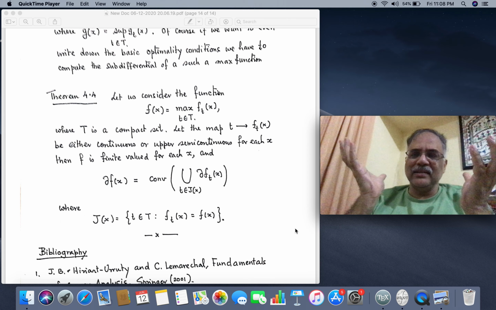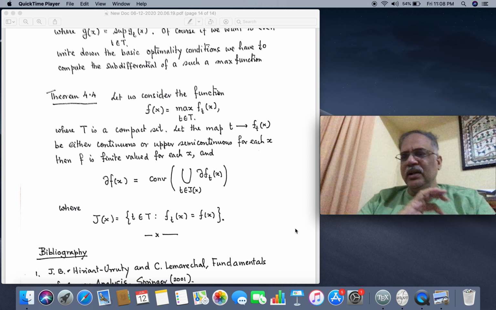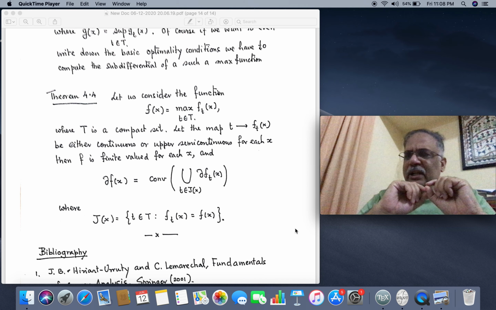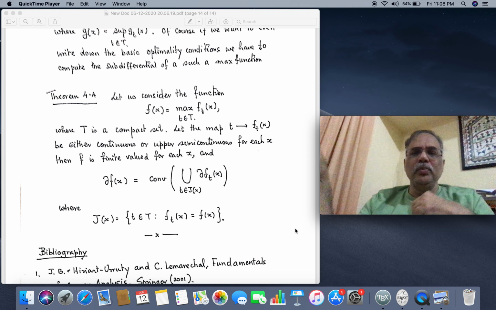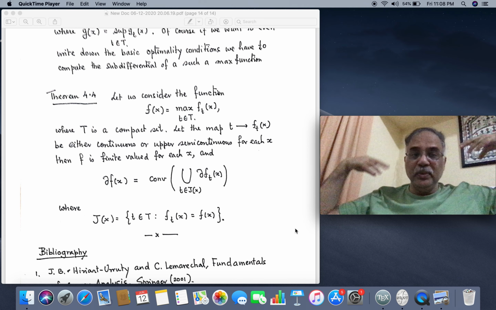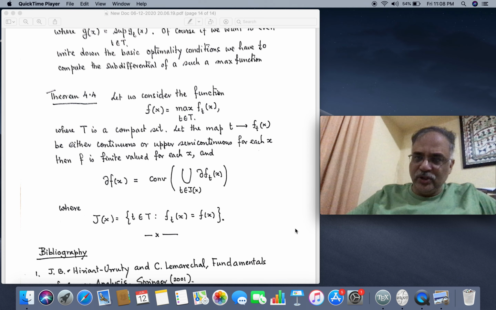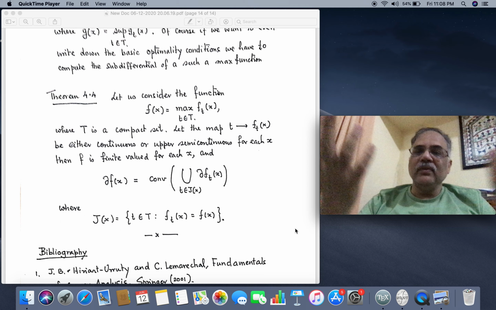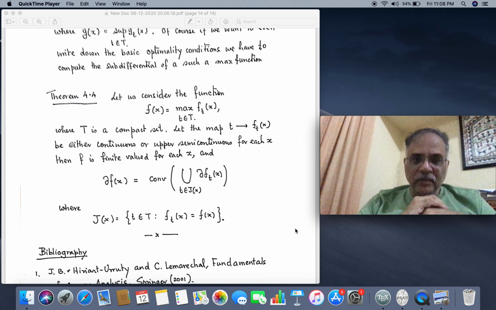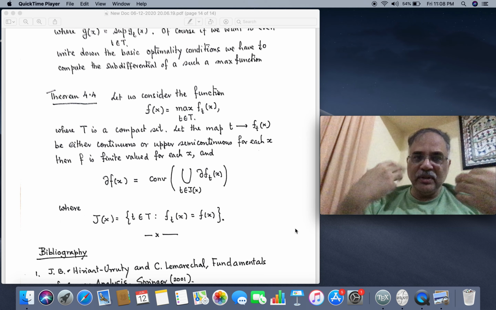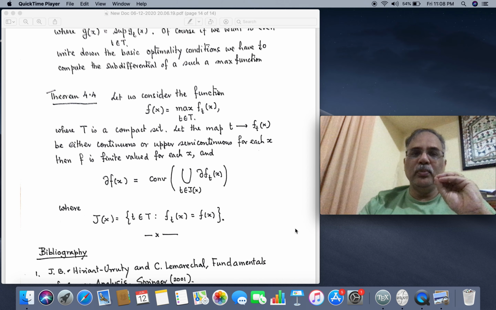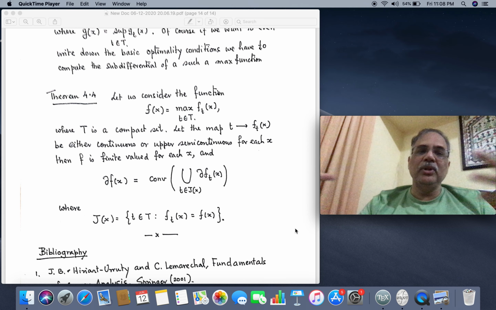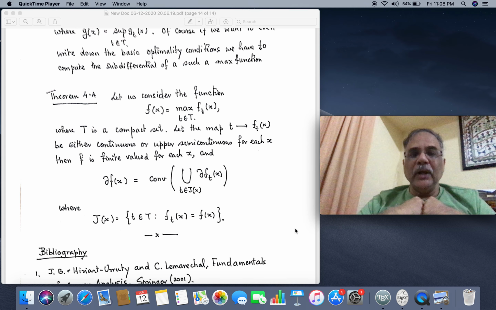Given a set S, what is the meaning of convex combination? Taking any number x1, x2, ..., xm from the set and making a convex combination. m could be 1, 2, 3, 4, as large as you want. So that is the meaning of convex combination. When you choose an element, there are always only a finite number of points whose convex combination you are taking.